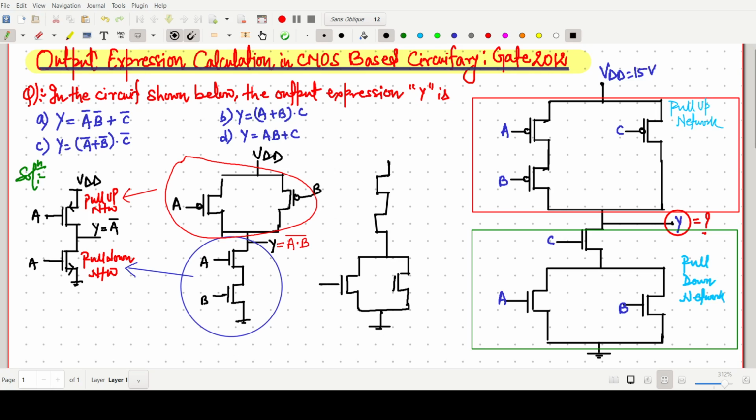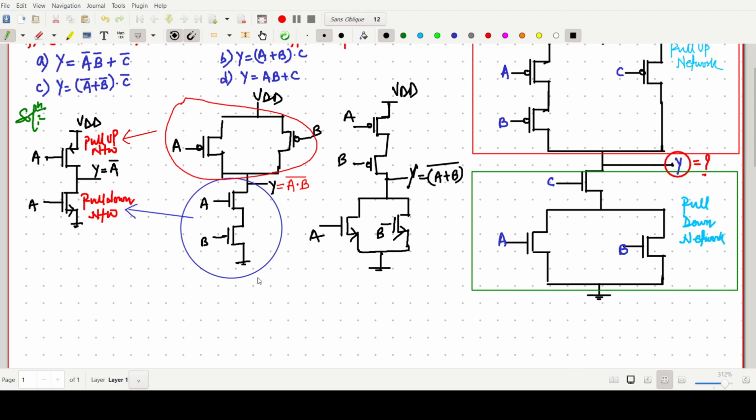In this case, this one is A and B, make it A or B, and VDD, and this one is our output. I am writing Y. Here this NMOS is in parallel combination. In parallel combination, we have to go for the OR operation, and then we have to put the bar.